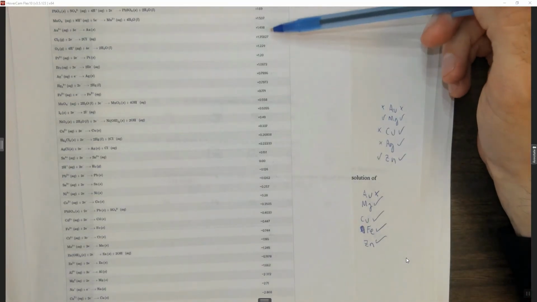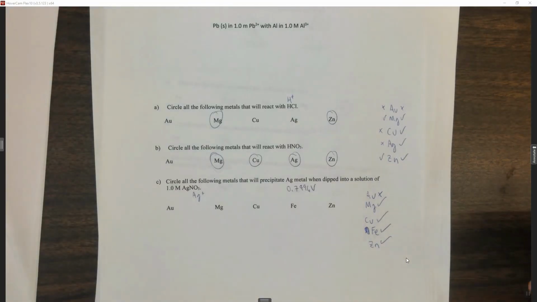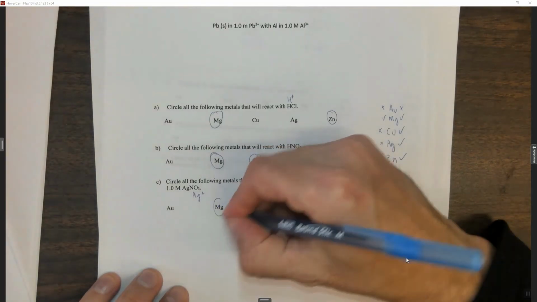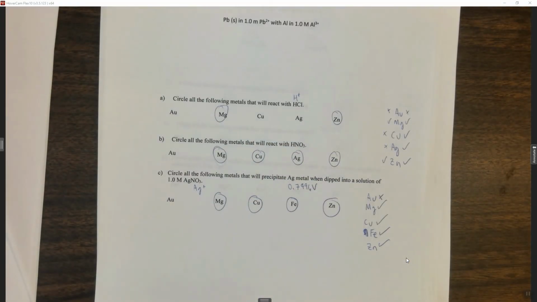Gold is a less reactive metal or less oxidizable metal, so it's higher on the list, and it will not precipitate the silver. It'll stay as Ag plus when gold is added. So we can simply circle these, and sometimes this is referred to as the metal activity series.